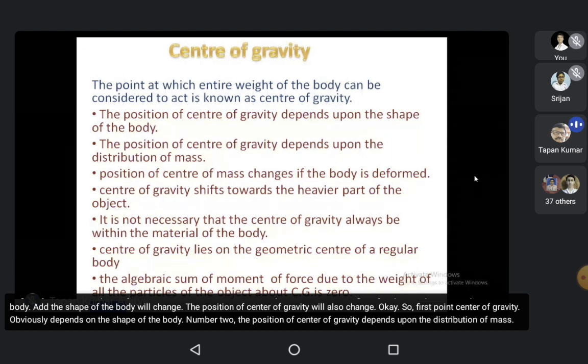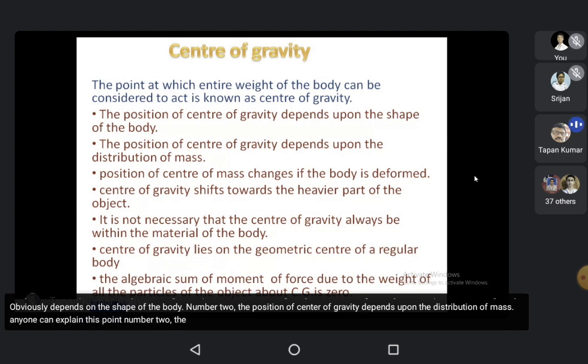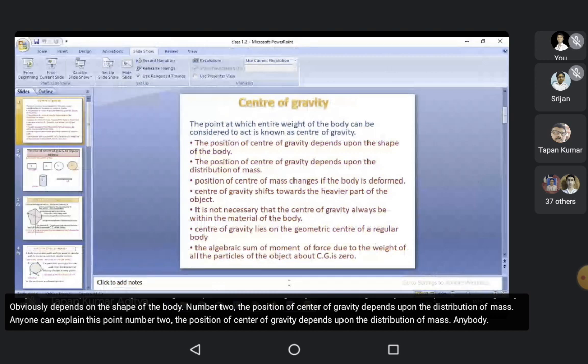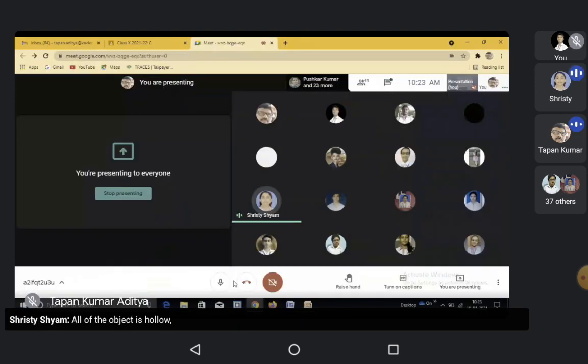Distribution of mass. Anybody? Then if the object is hollow, then also the center of gravity differs, and if the object is rigid, then also the center of gravity differs.